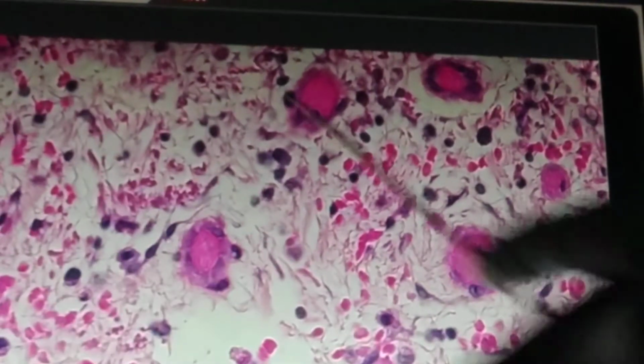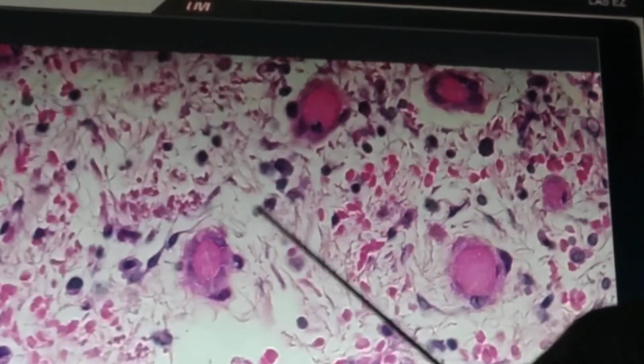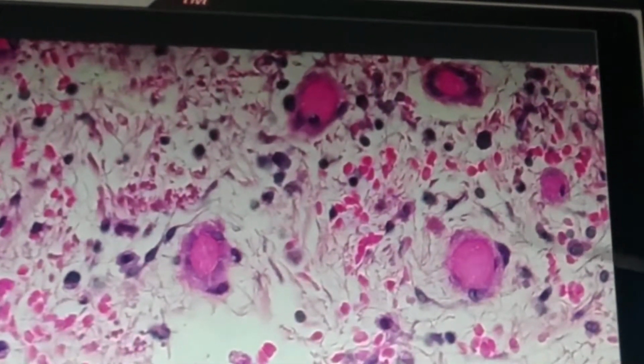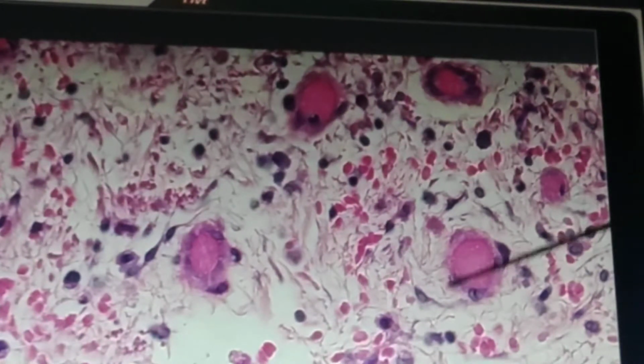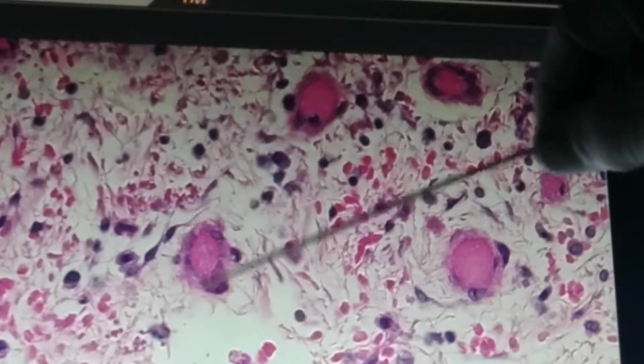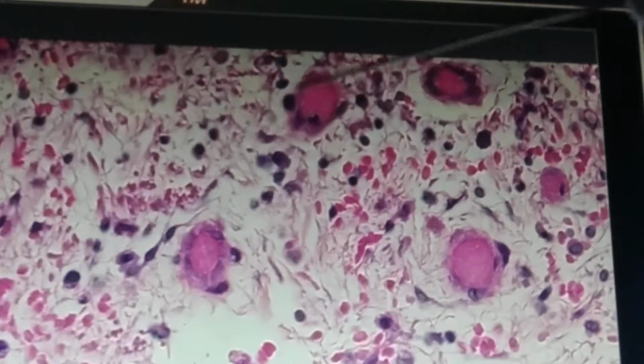This is the submucosa, and in the submucosa you see these mucus secretory cells or glands of the trachea, which keep the trachea moistened and keep the mucous membrane secretions of the trachea flowing.